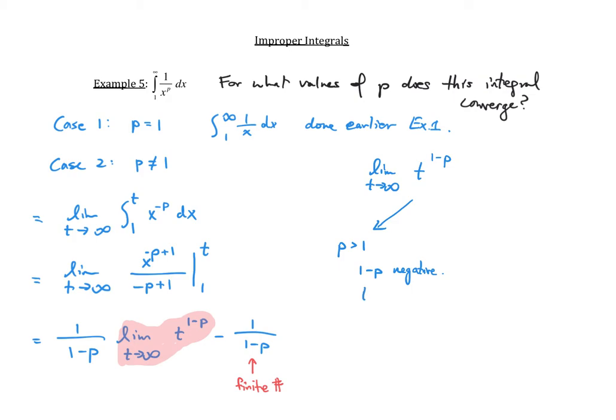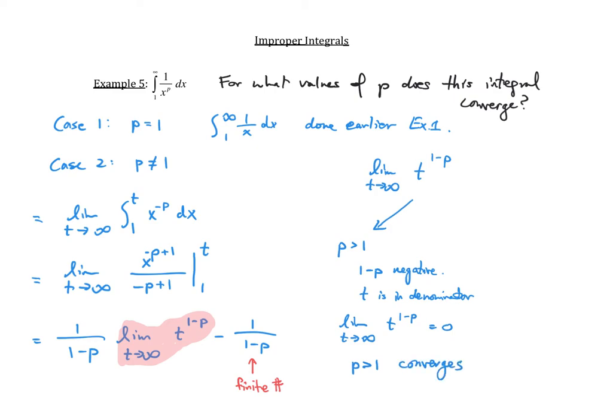That means that t is in the denominator, which means that when you take the limit as t goes to infinity, the denominator is going to get really large while the numerator remains a constant. So this part is going to go to 0. So the upshot of this is that when p is greater than 1, the integral converges.